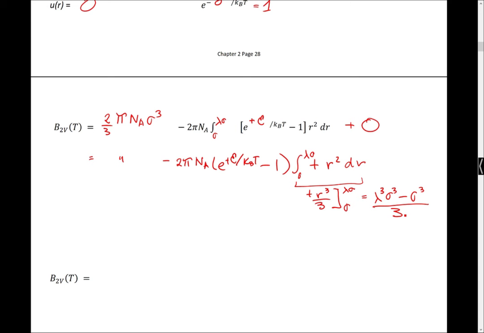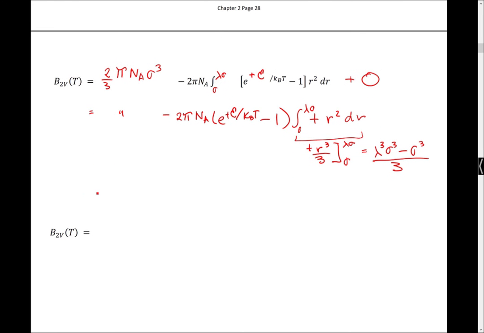All right, so now I'm just going to rewrite all of this, and we'll see if we can simplify it a little bit, because there's a lot of things being written around. So I'm going to write equals 2/3 pi Avogadro's number sigma cubed, that comes from the hard sphere potential, and then I've got minus 2 pi Na. Now I notice that I've got sigma cubed in 2 places, so I can pull that out front. I've got 1/3 in here, so I'm going to pull that out front: 2/3 sigma cubed.